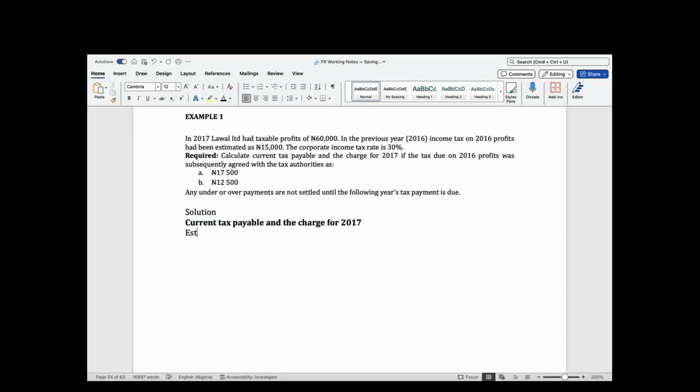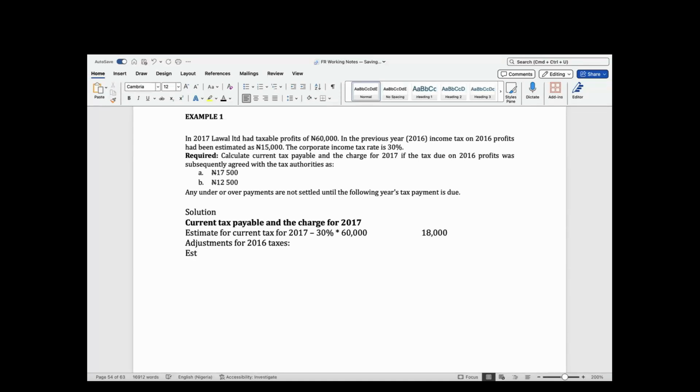So the estimate of current tax for 2017 is my tax rate multiplied by my taxable profits of 2017. That gives me 18,000. However, I need to make some adjustments for 2016 taxes, because adjustments in 2016 usually happen in 2017, like I've explained to you.